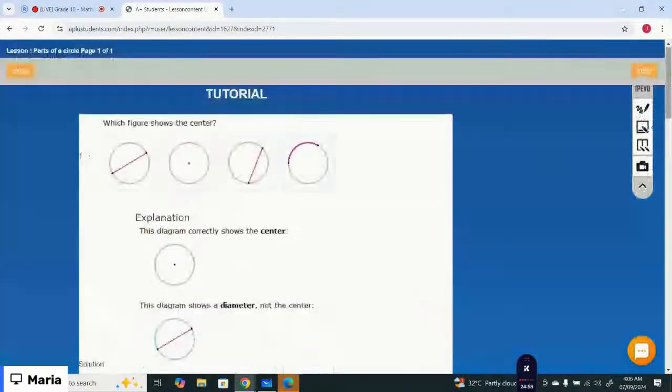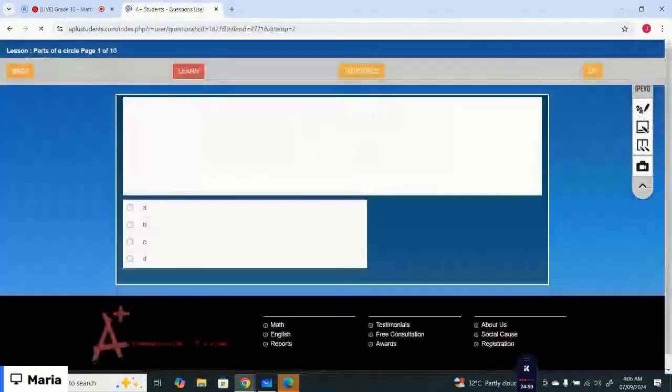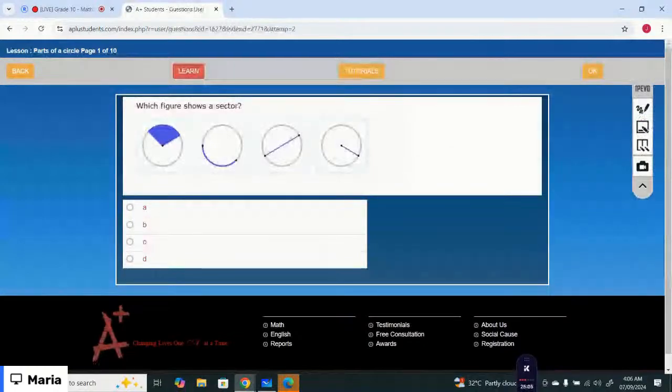Okay, let's just start with the test questions. Which figure shows a sector?